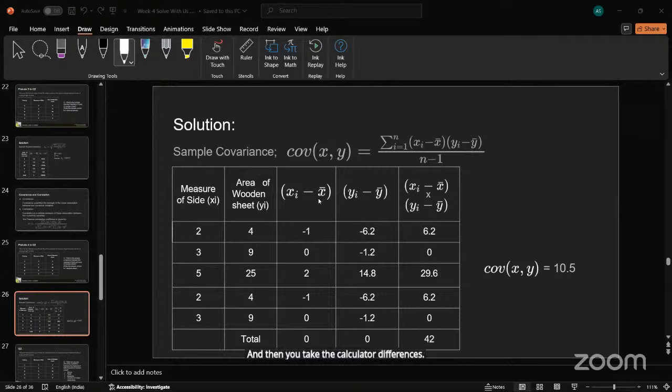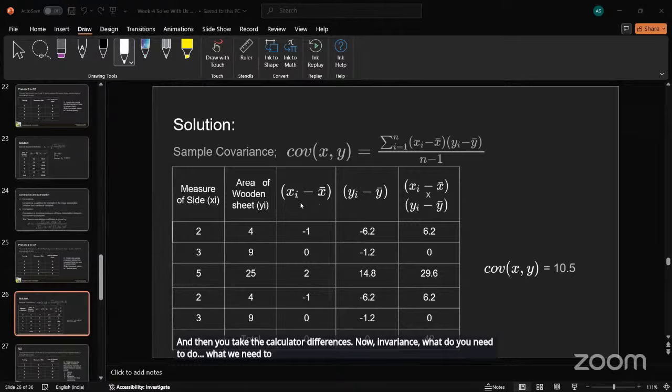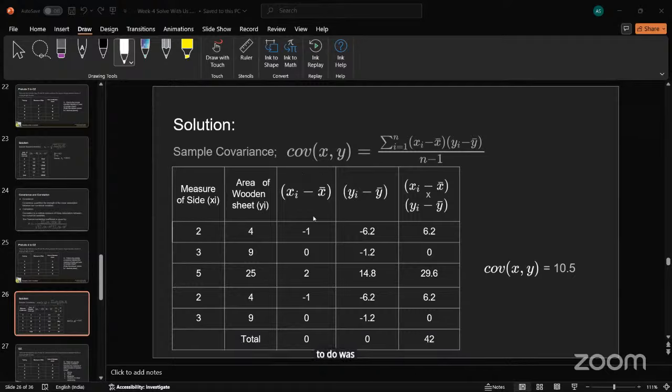Now, in variance, you square this, right? Variance is defined for only one variable, so you square the difference. But covariance is defined for two variables, so we multiply these differences. This is the third column.